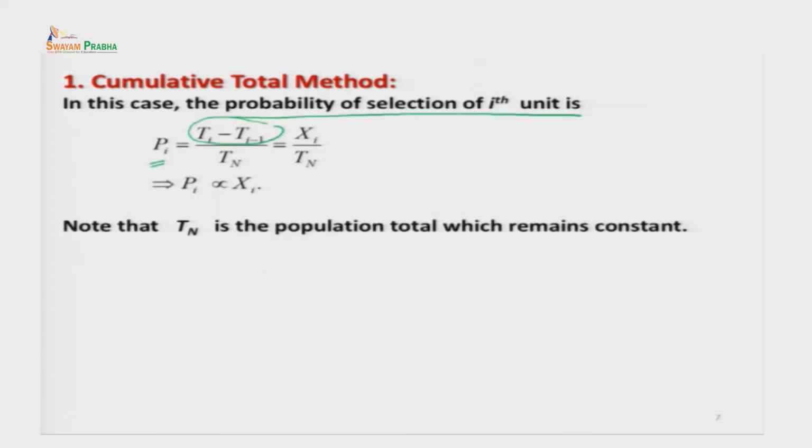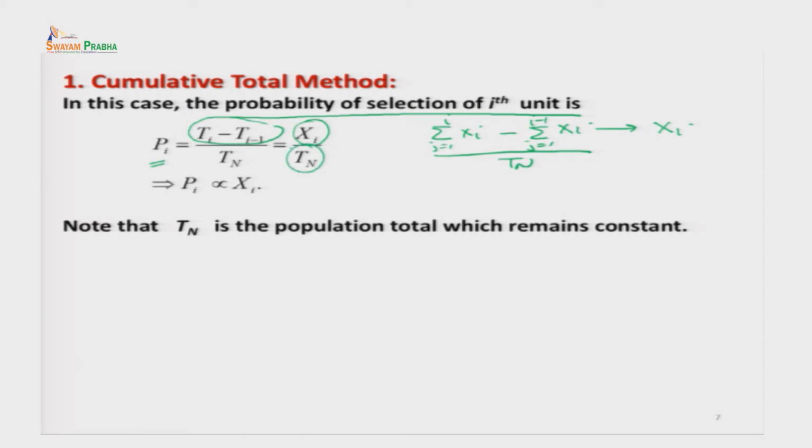And what is this Ti minus 1? It is the sum of xj for j going from 1 to i minus 1, upon Tn. Here you cancel all the units up to i minus 1, so finally you will have only xi.